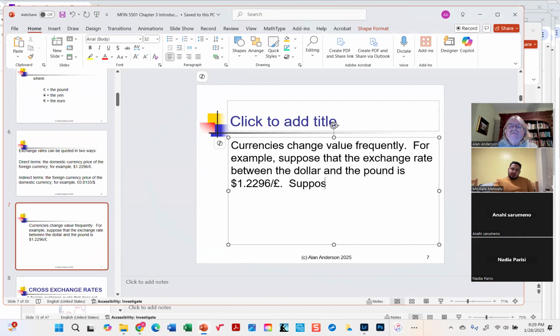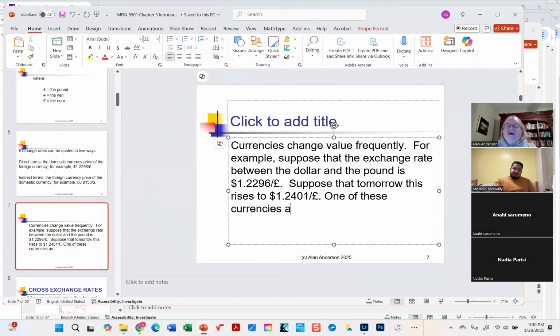Suppose that tomorrow this rises to, let's say 124 per pound. When something like this happens, one of these currencies has gained in value and the other has lost in value. So the question is, which is which?